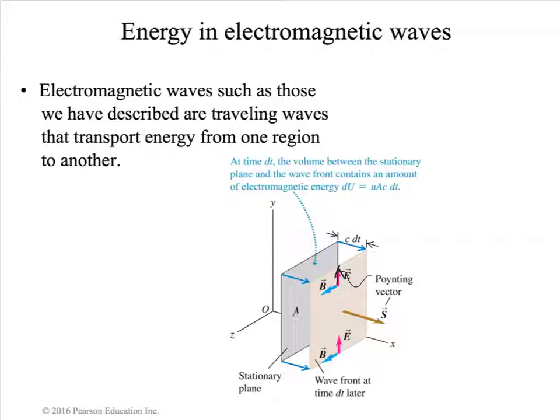And then the magnetic field is perpendicular to it. And then finally, the direction of propagation, which in this picture is also shown as the direction of the pointing vector, is perpendicular to that.